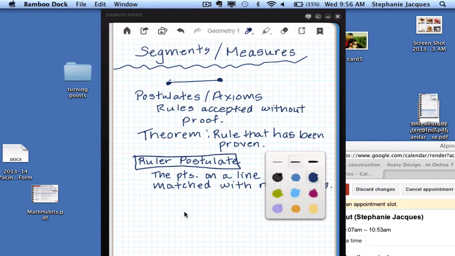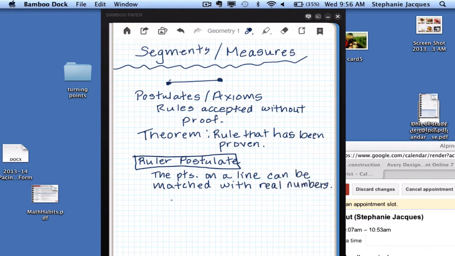And the real number that corresponds to a point is called the coordinate of that point. So let's say we have a line right here, and we're going to have 2 points on that line. We have point A and we have point B. And A and B are the names of those points, so we're going to say names.